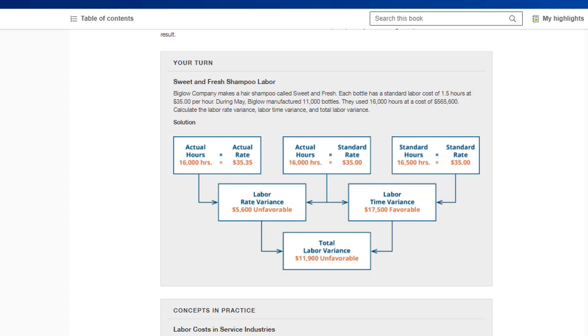Well, if that first impact was unfavorable, it hurt you by $5,600. And if that second impact was favorable, it helped you by $17,500.